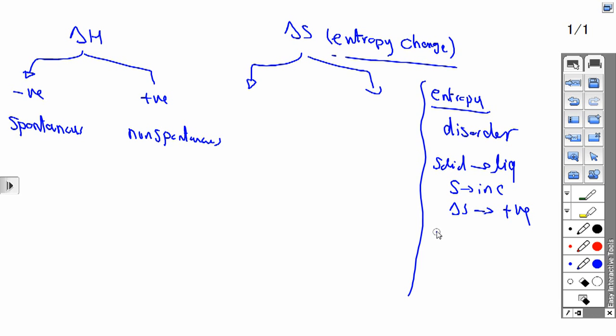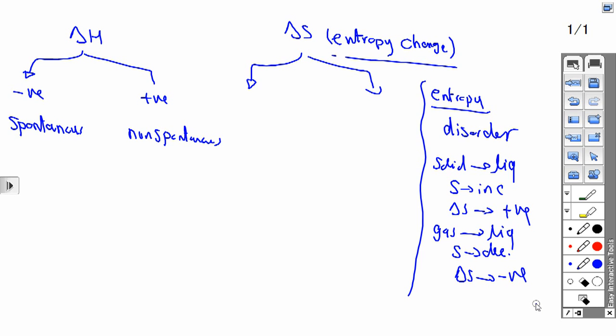If gas changes into liquid, gas has more randomness, right? Liquid is more ordered, or has less randomness. So S in this case decreases and delta S is negative.